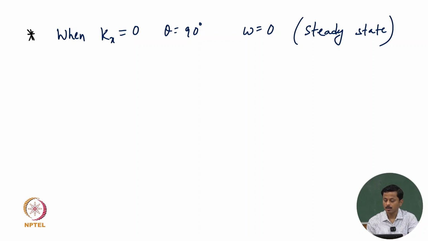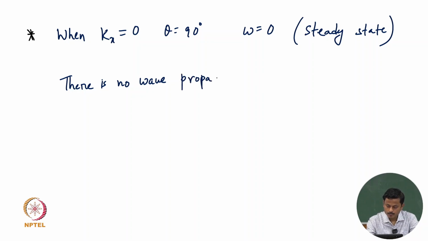So we see that when kx equal to 0, there is no variation in the x direction. The wave number vector makes an angle of 90 degrees, and this is a frozen state. It's a steady state. So this means there is no wave propagation.